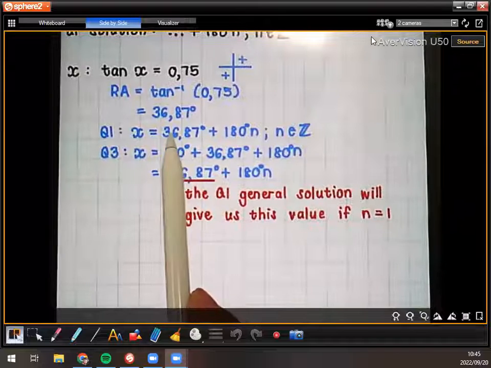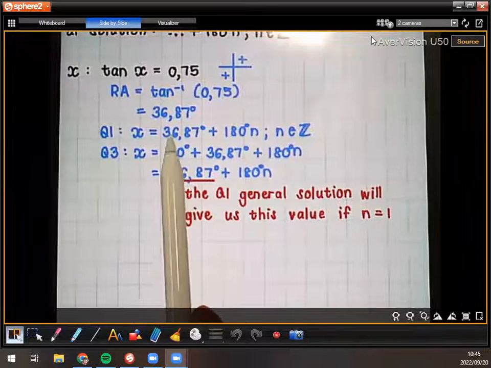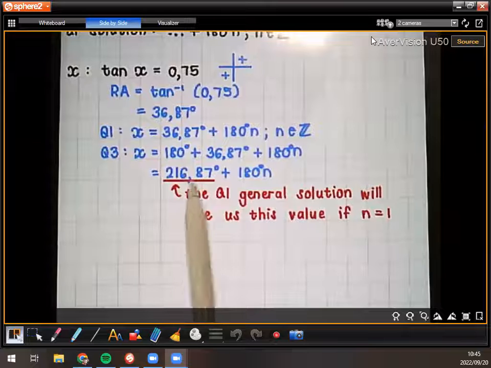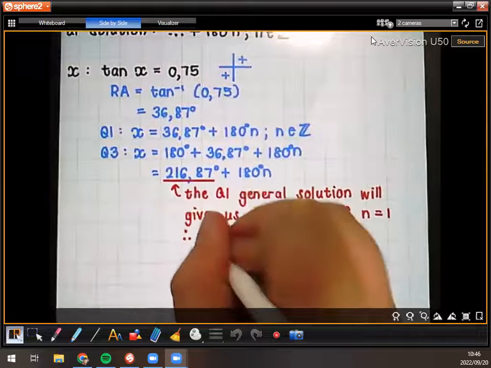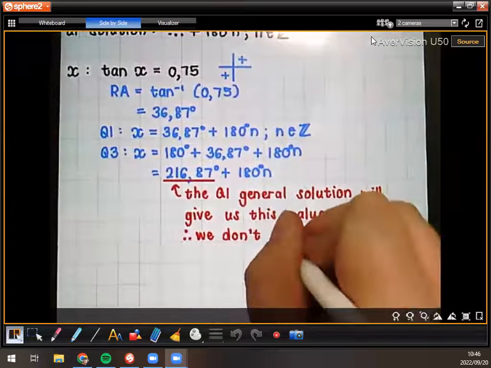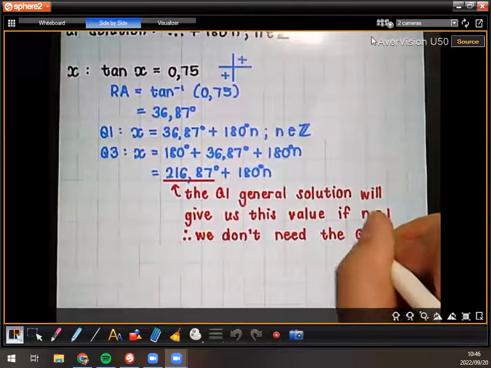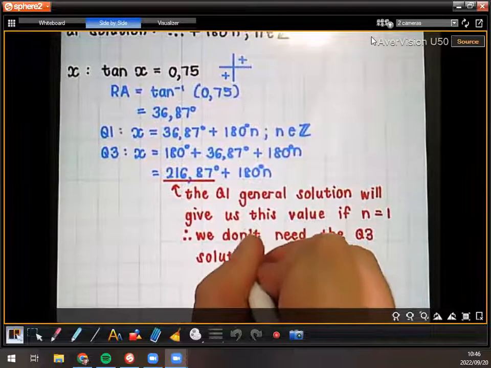So if I take my first quadrant solution and I make n equal to 1, I'm going to say 36.87 plus 180, which is exactly what I did in my quadrant 3 solution. So we will be able to get this answer from the first quadrant solution already. Therefore, we don't need the quadrant 3 solution.